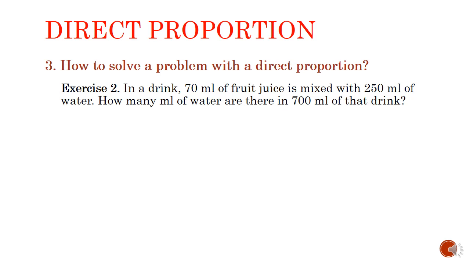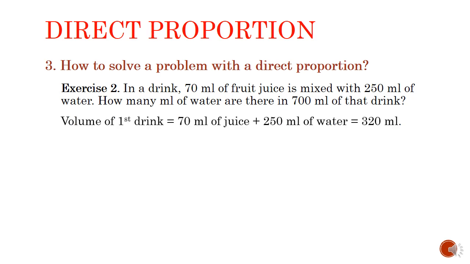Well, we have the volume of the second drink instead of the volume of fruit juice in the second drink. So why don't we find the volume of the first drink? And this is pretty easy, just by adding the volume of juice and water.